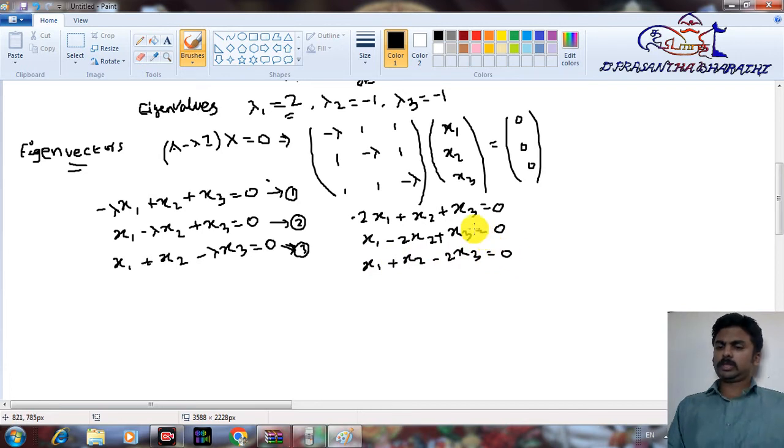Even though this is a symmetric matrix, here we are having two different equations, so we want to find values for x1, x2, x3 by using cross multiplication.